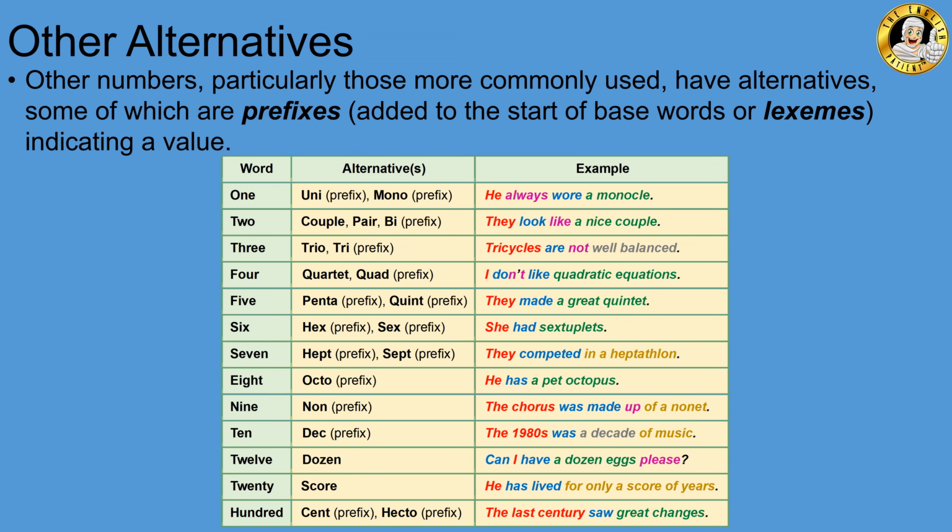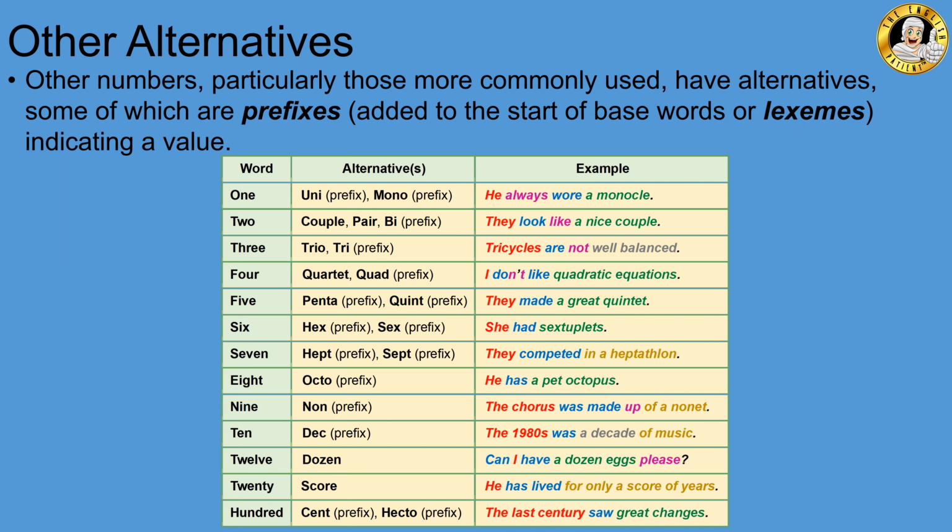Now, in addition to the number 0 having alternatives, other numbers also have alternatives. Some alternatives are prefixes, meaning we add them to the start of lexemes or base words to indicate a value. So the number 1, for example, also has prefixes here, uni or mono.